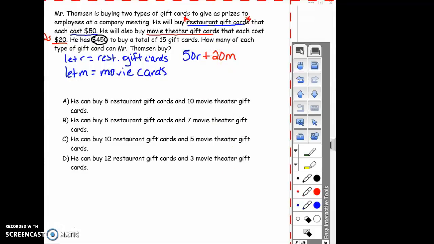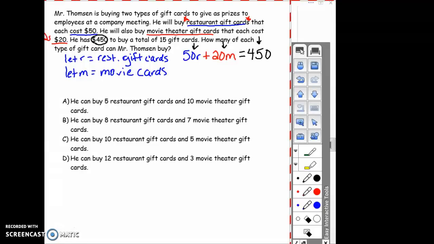How much money do I have to spend? Only $450. So whatever I buy in restaurant gift cards plus the movie gift cards will equal the total amount of money I have to spend. So there you go. You've already written one of your equations.